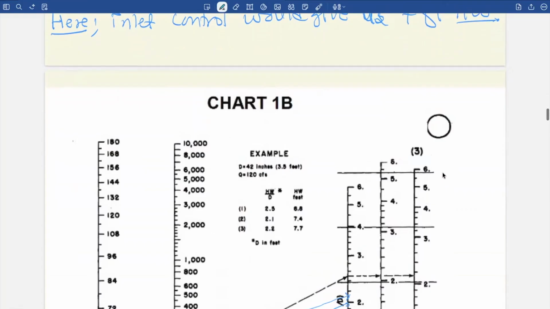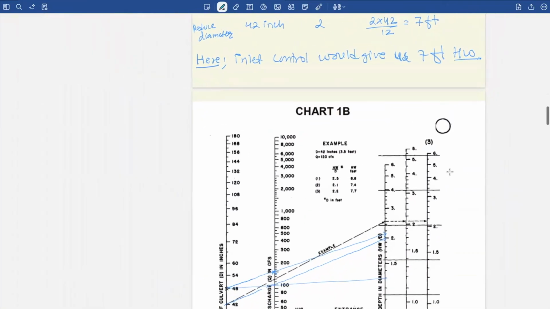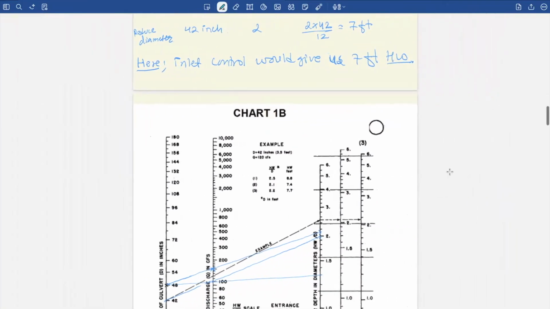So this chart B is specifically for a round concrete pipe under inlet control, meaning the culvert capacity is being limited at the entrance, not along its length.